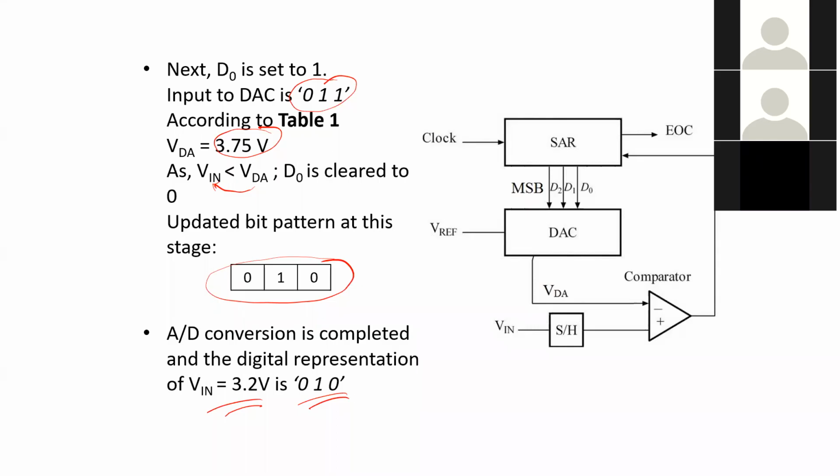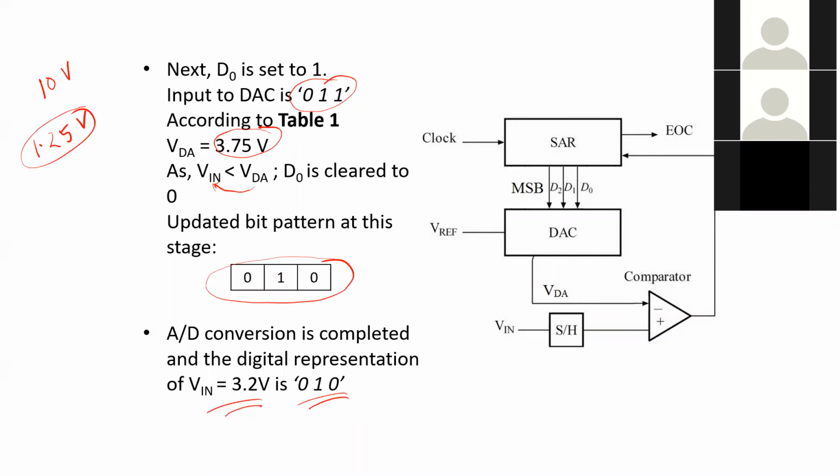Now, as there are only 3 bits at the digital output, and the reference voltage is 10 volts, the quantization interval is 1.25 volts. So this interval is quite large.